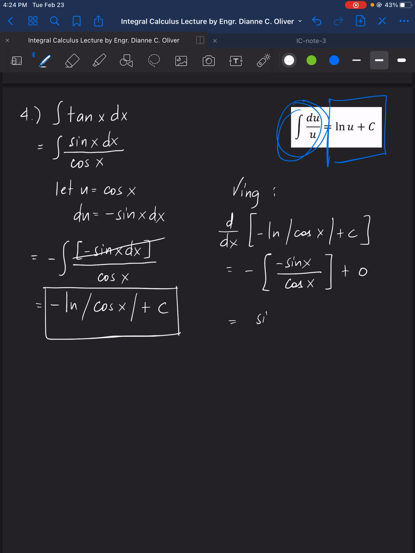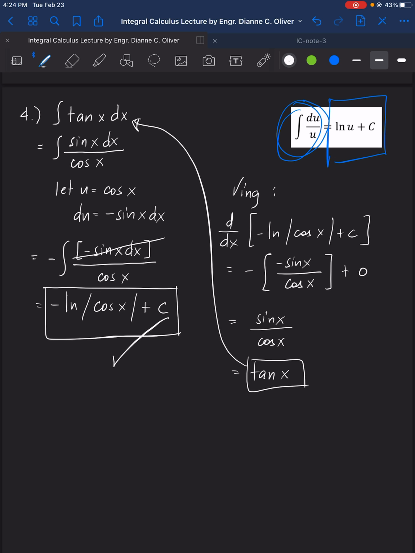So the final answer here is sine x over cosine x, or tangent x, which is similar to the given. If that's the case, then the answer here is, again, correct. Okay, so that is for number 4.